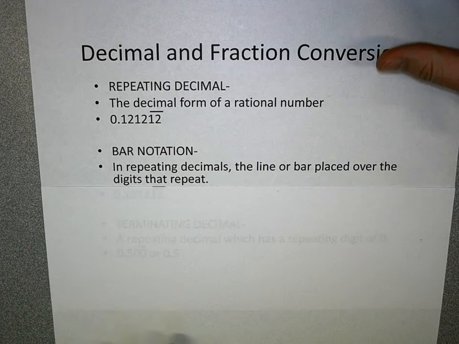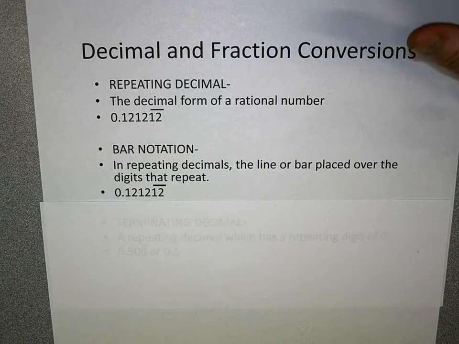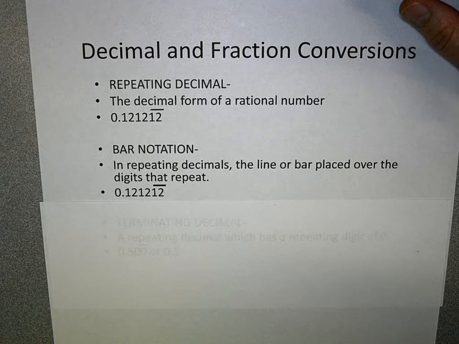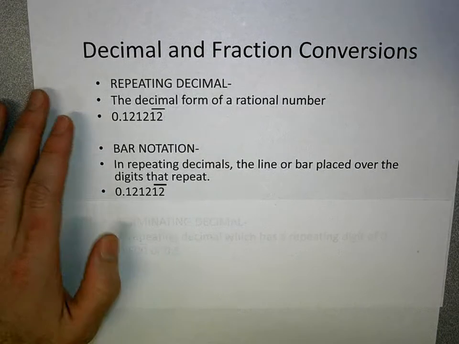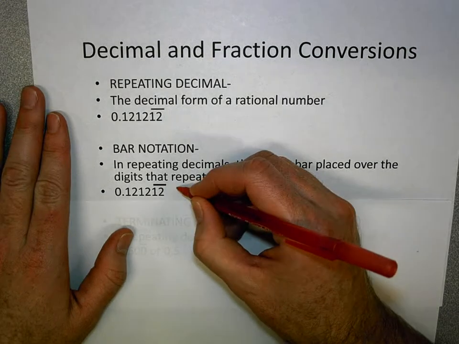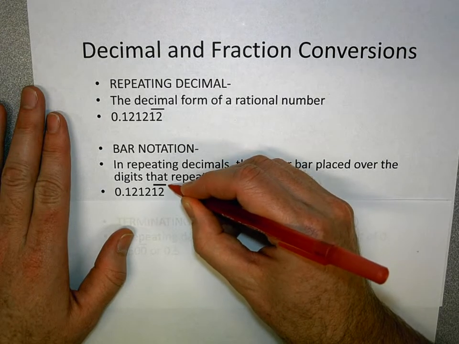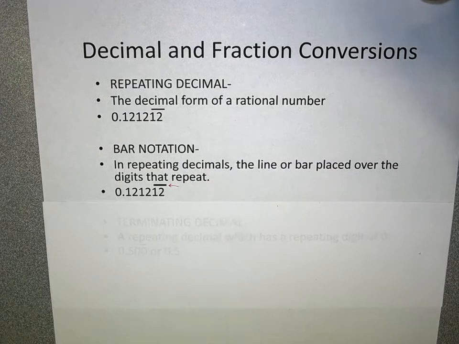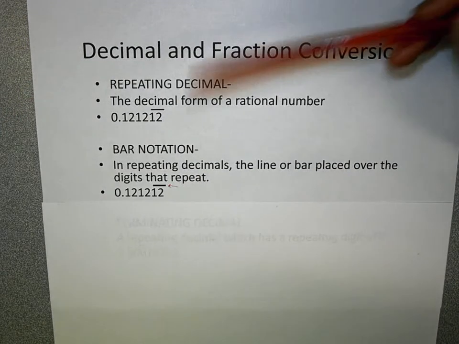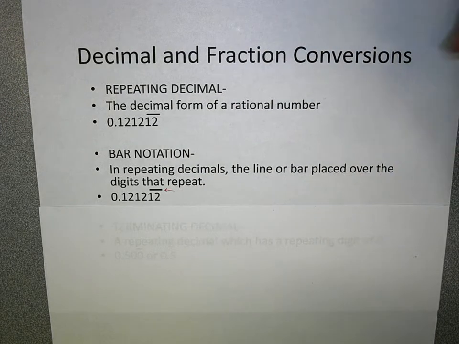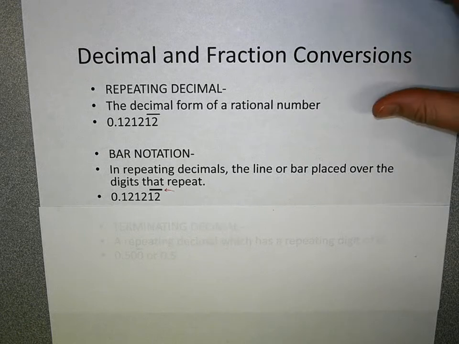So again, if you want to write down the exact same thing, 0.121212, obviously the 1, 2 are the two digits that are repeating, so that's why it's a little more bold. Okay, showing that it's in bar notation. The bar is over the 1, 2 because those are the two digits that repeat.